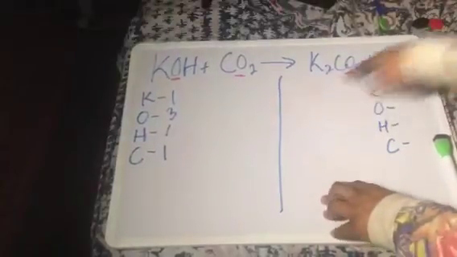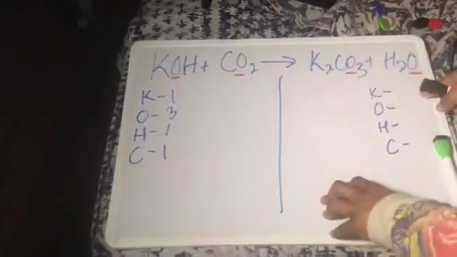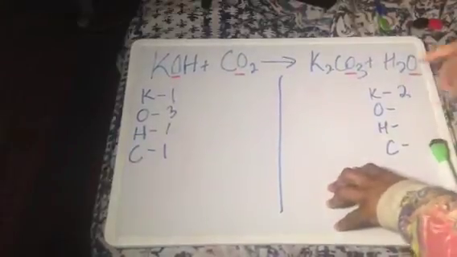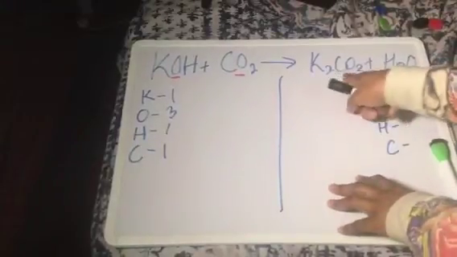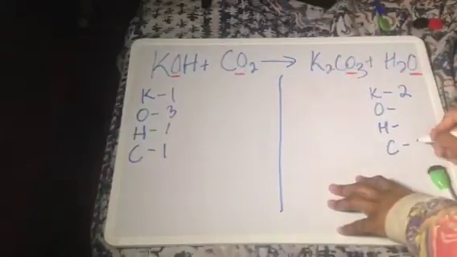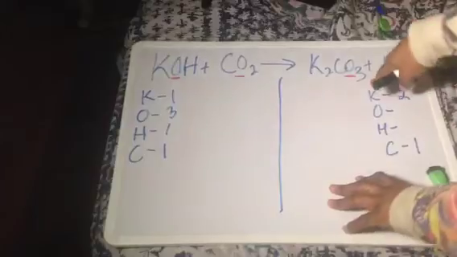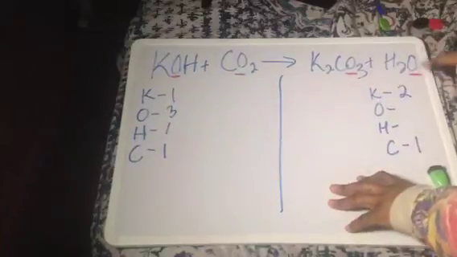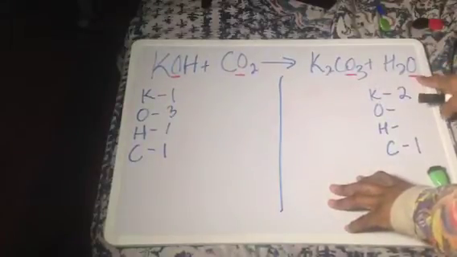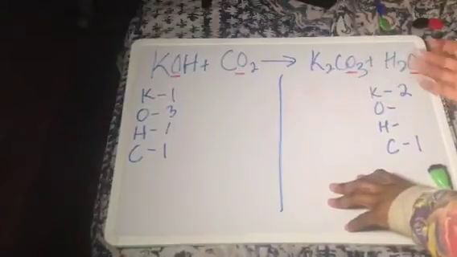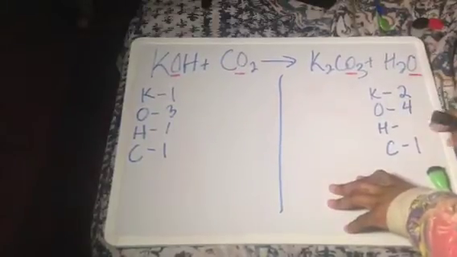Now, on our product side, we have two potassiums, so I'm going to put a 2 here. We have one carbon, so I'm going to put a 1 here with the carbon. And for our oxygens, we have 3 oxygens, and then we have 1 oxygen. So 1 oxygen plus 3 oxygens gives us 4 oxygens. So I'm going to write that there.